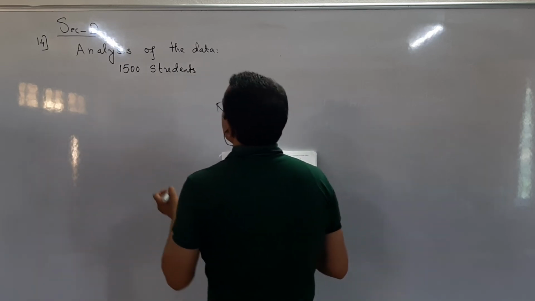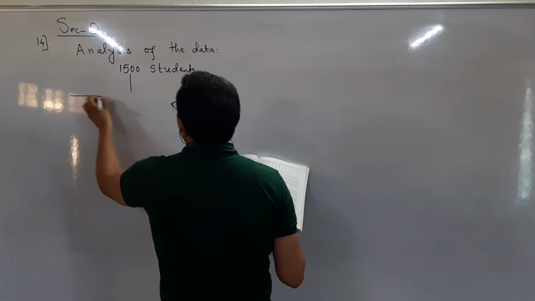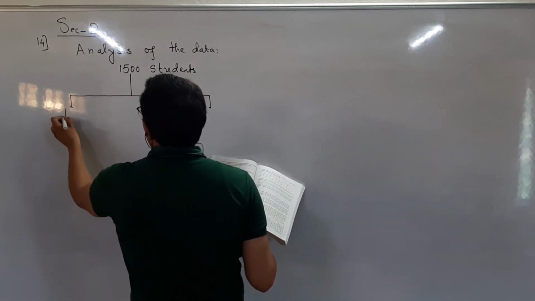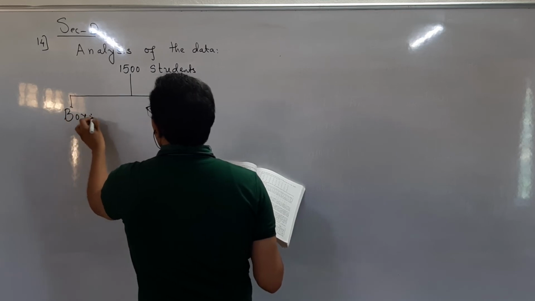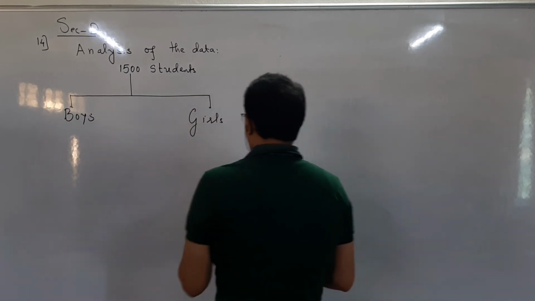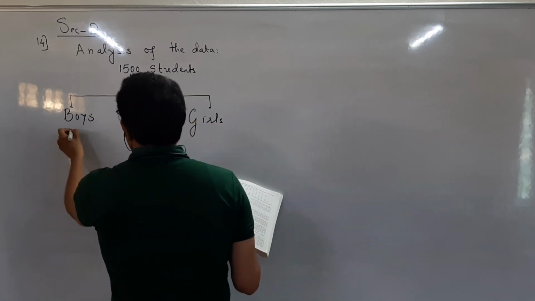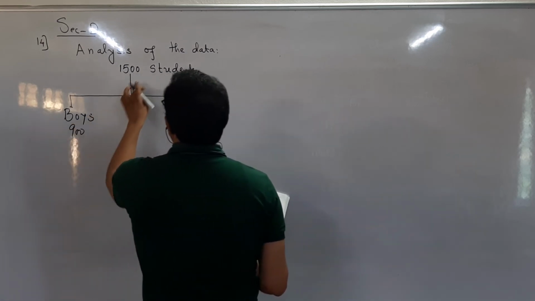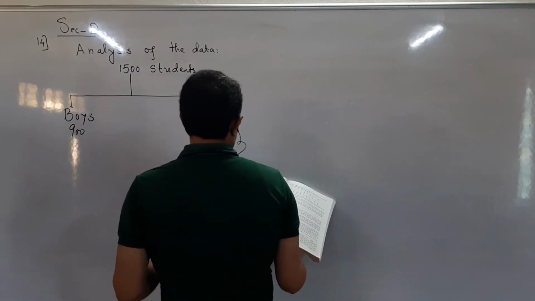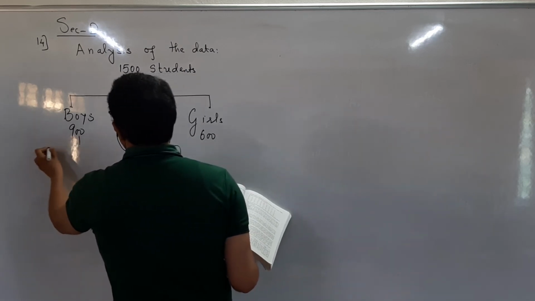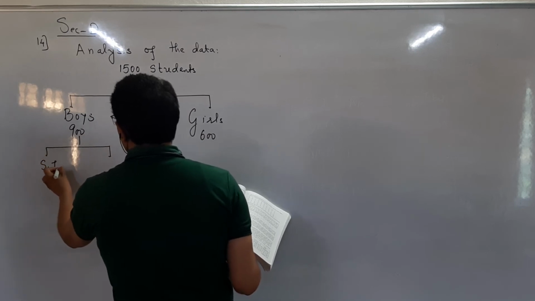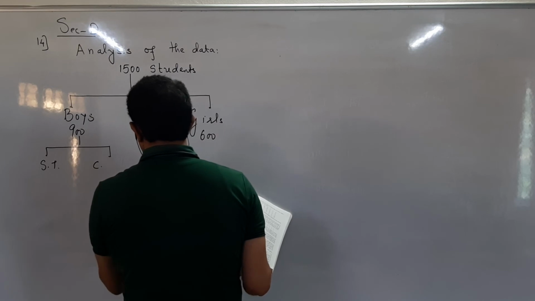900 were boys, so 1500 students divided into boys and girls. How many were boys? 900. So 15 minus 9, 600 girls. And boys and girls divided into two streams, science stream and commerce stream.